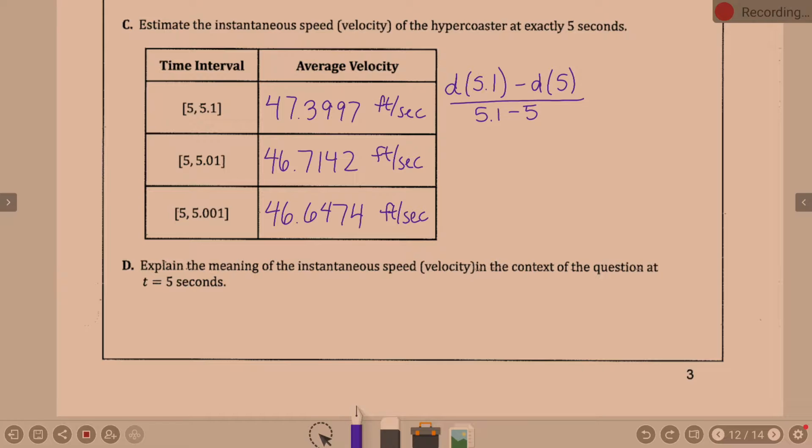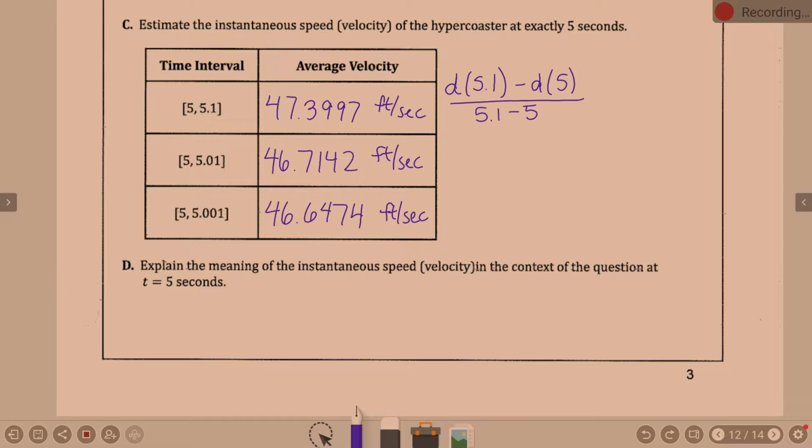Okay, so part D asks us to explain the meaning of the instantaneous speed or velocity in the context of the question at 5 seconds. So what is this representing? Where it's at at 5 seconds? Like height? Is it height?